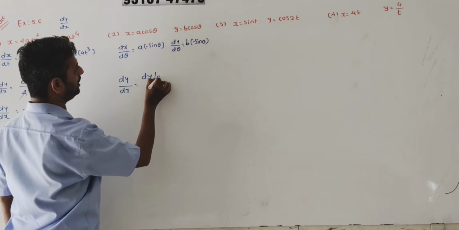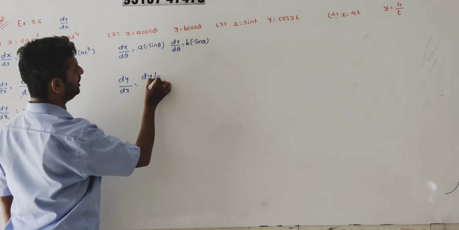Derivation of sin cube t: 3 sin square t into cos t, minus sin cube t as it is, times the derivative of 1 upon root cos 2t, which is 1 upon under root cos 2t.